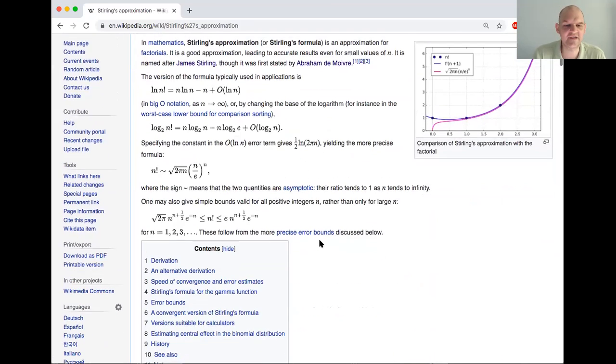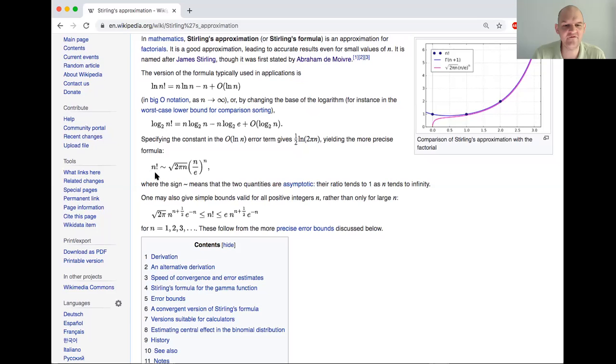So a lot of notation. N factorial is approximately radical 2 pi n times n over e to the n. What? So I mean, this video is over, but I'm going to hold on.